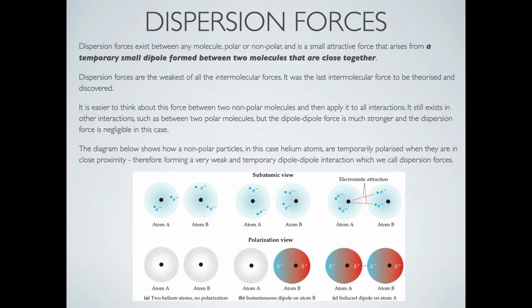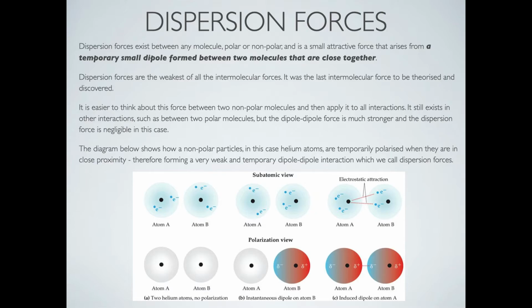Okay, so in our diagram below, we've got a diagram of what's happening. We've got atom A and atom B coming close to each other. When they're far away, their electrons are really randomized. When they're coming closer together, though, the positive nucleus also attracts the negative electrons on the opposite atom, and so you start to get a very slight polarization.